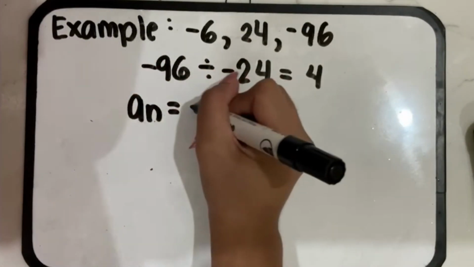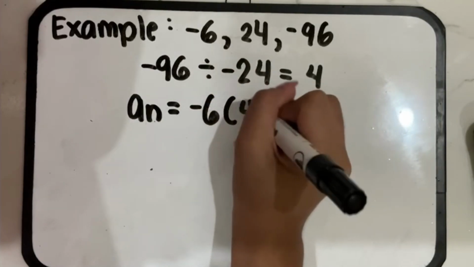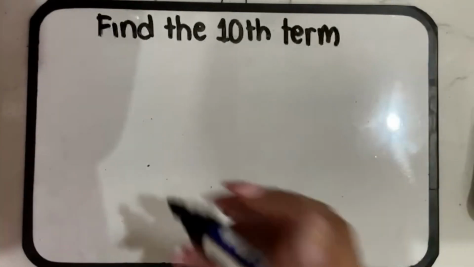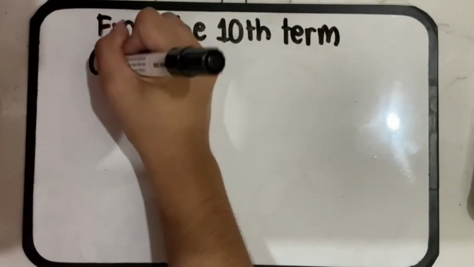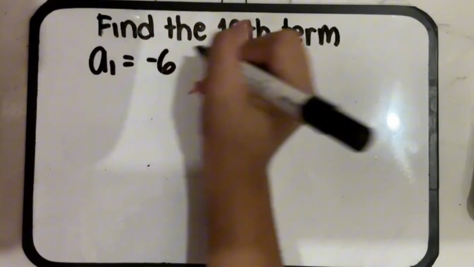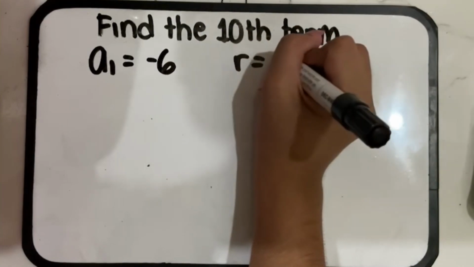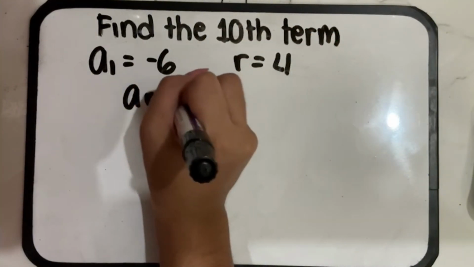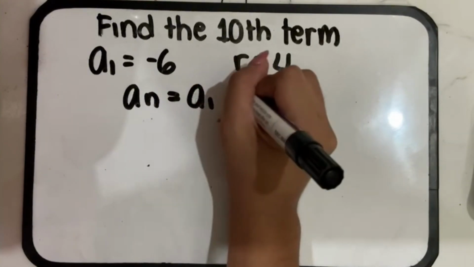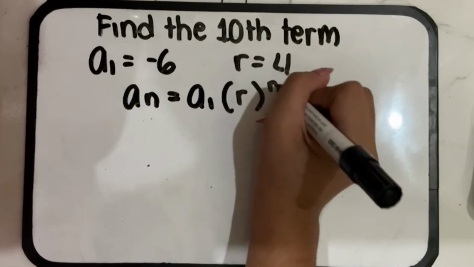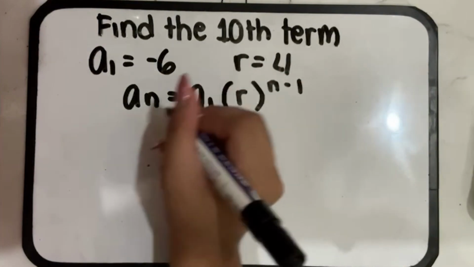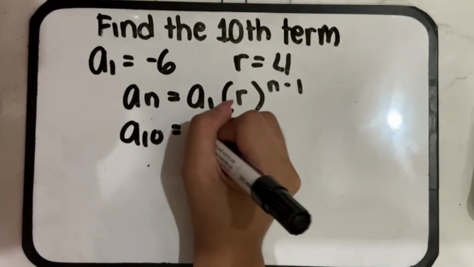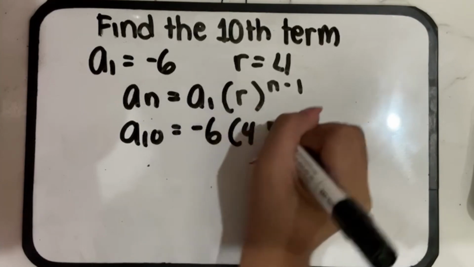Our formula will be a sub n equals negative 6 times 4 to the power n minus 1. To find the 10th term, get the first term and the common ratio, which are negative 6 and positive 4. Using the formula of geometric sequence, a sub 10 equals negative 6 times 4 to the power 10 minus 1.